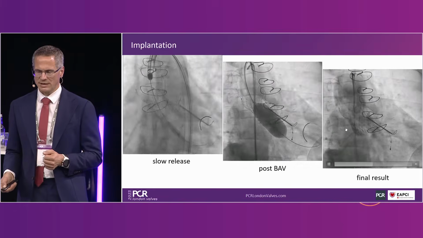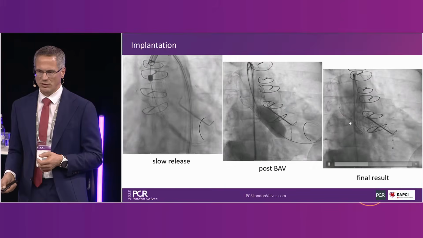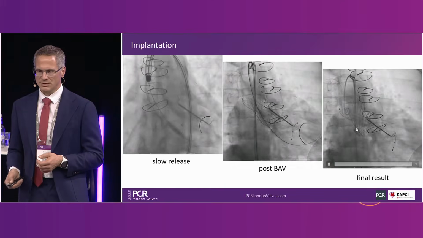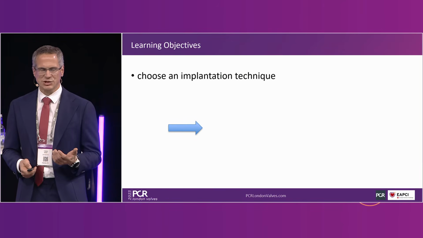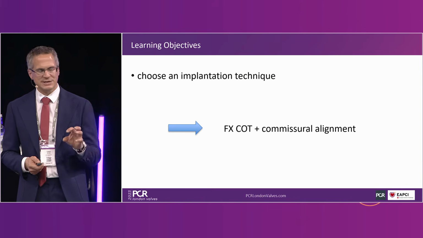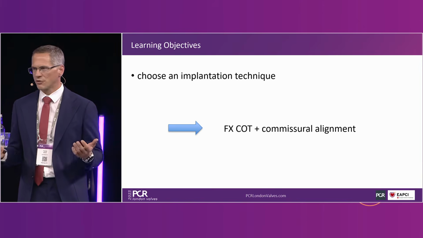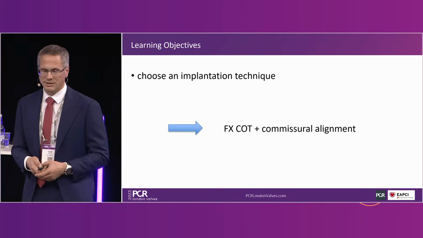I don't show you the second view, not the LAO view. This is an RAO caudal with 3 millimeters on the non-coronary cusp. So choose an implantation technique. I think it is the cusp overlap technique with a little bit of FX adjustments and commissural alignment because it's doable right now and it's quite easy.